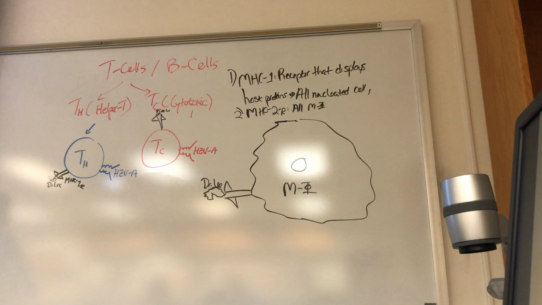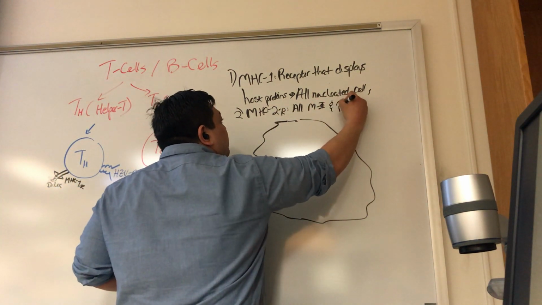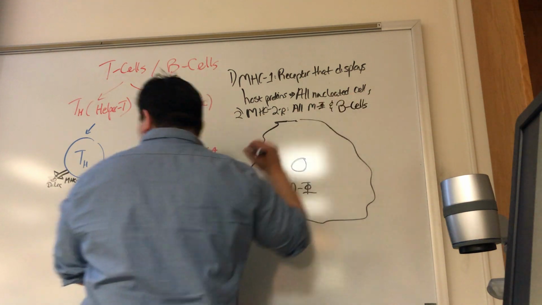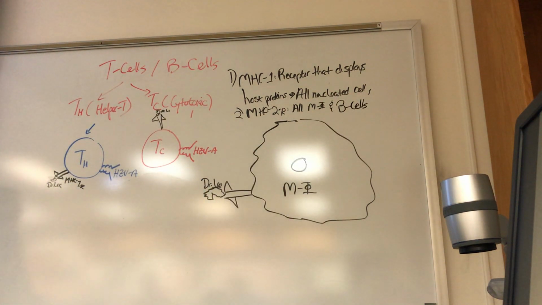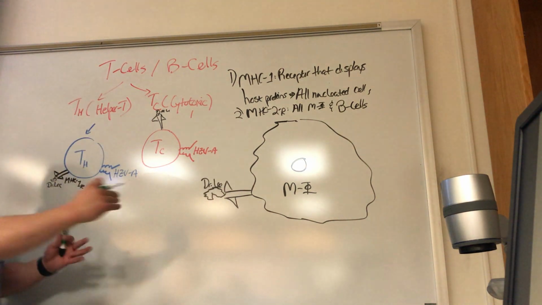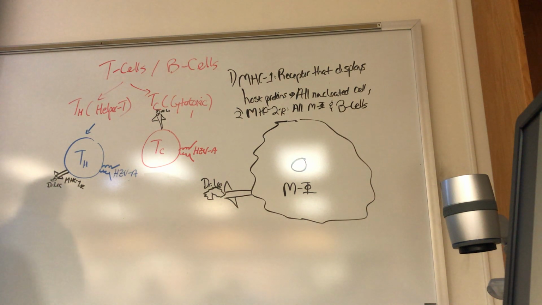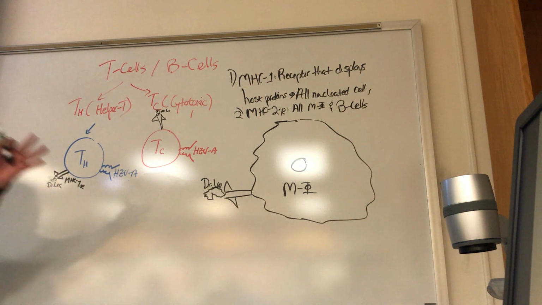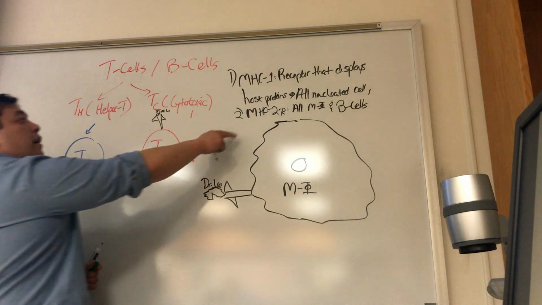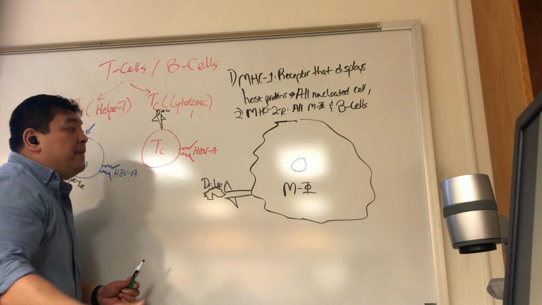So all macrophages and B cells have a second category of receptors, and those are called MHC2 receptors. So MHC1 says, I'm healthy, I'm displaying this good host cell, don't attack me, right? That's true for all nucleated cells. Then MHC2 are found in specific ones that are macrophages and B cells.